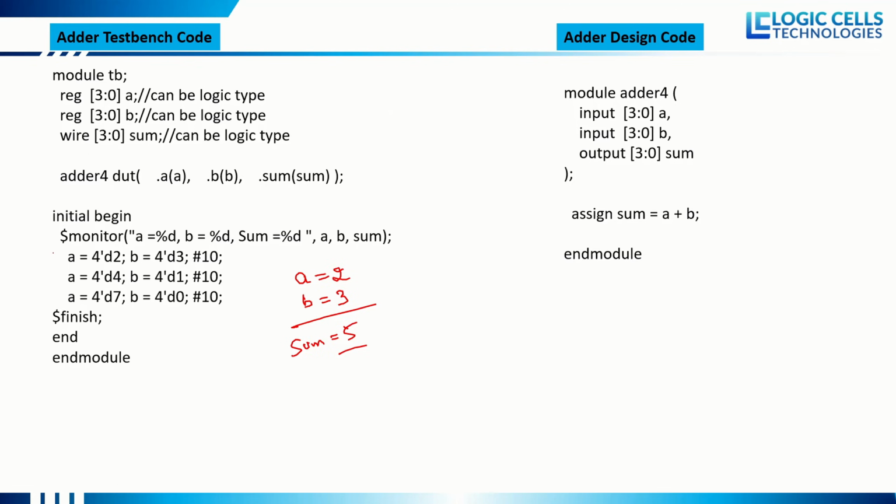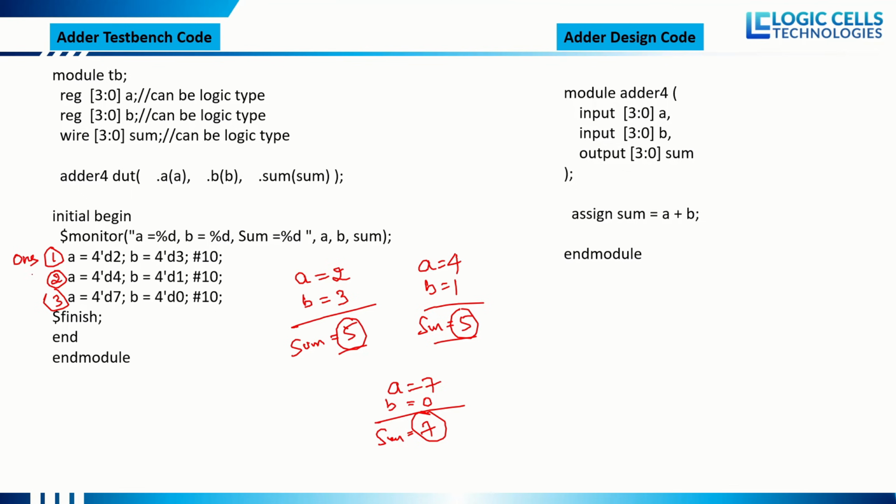That is our first set of values. Second set of values is we are providing A is equal to 4 and B is equal to 1, and we are expecting sum is equal to 5. Then we are providing A is equal to 7 in the third case and B is equal to 0. Then you are expecting sum is equal to 7. Then these values come as output. Your DUT is correct. So to provide these values one after the other, this is at 0 nanoseconds.